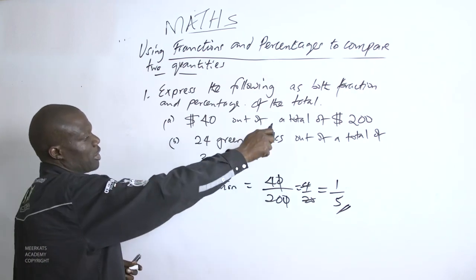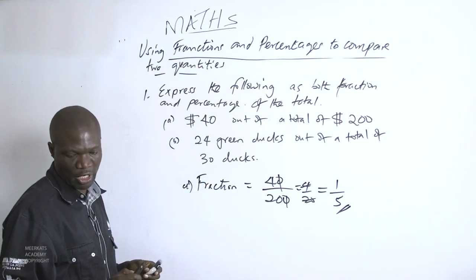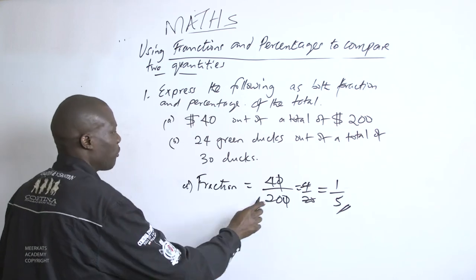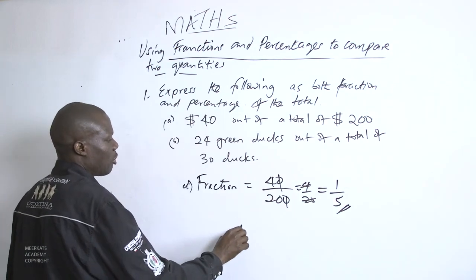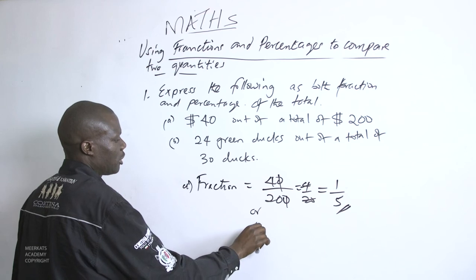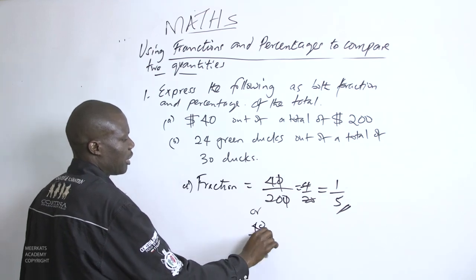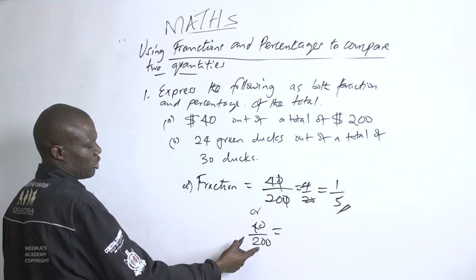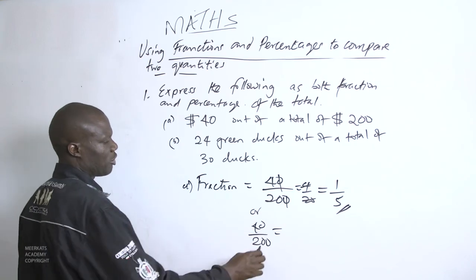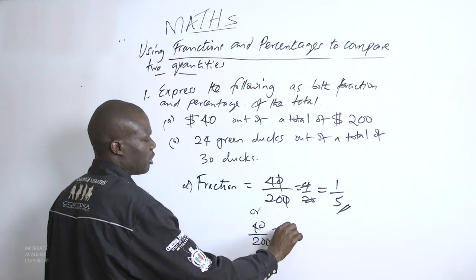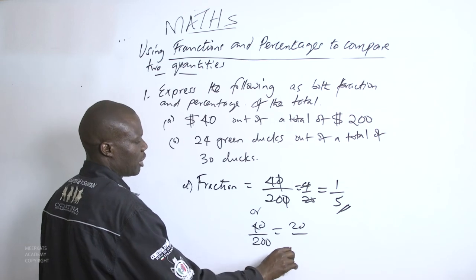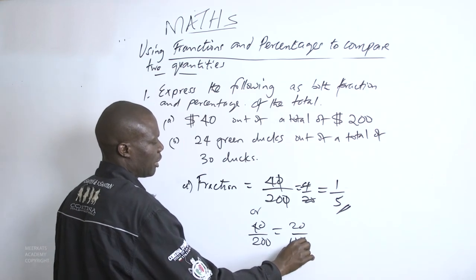But they say to express as both a fraction and as well as a percentage. If we were to look for a percentage, we would say 40 over 200. We only need to reduce something that will give us a denominator of 100. So by 2, we get 20. And by 2 here, you get 100.